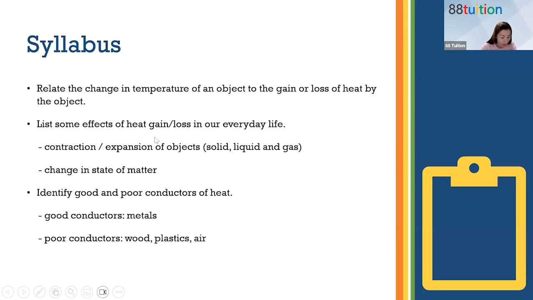Okay, effects of heat gain or loss, it can lead to contraction, expansion of objects. It can lead to a change in the state of matter. Now, identify good and poor conductors of heat. Okay, so in general, we classify the metals as good conductors. And then the poor conductors are wood, plastic, air, and even glass. Okay, some of these examples.